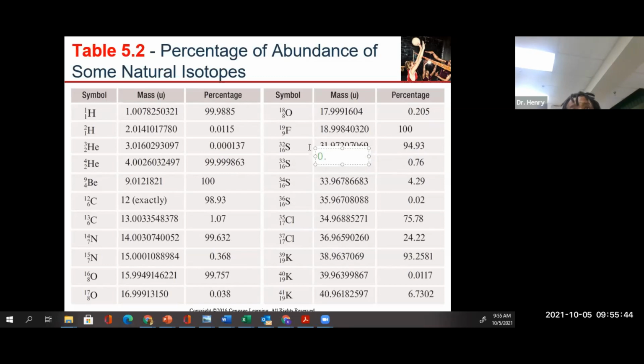So we're going to start off with the one that we have the most abundant of, which is 94. So we're going to use 0.9493 times this value, 31.972070.